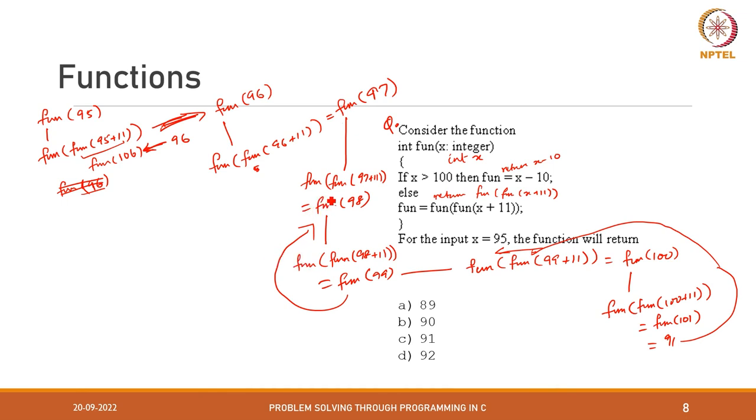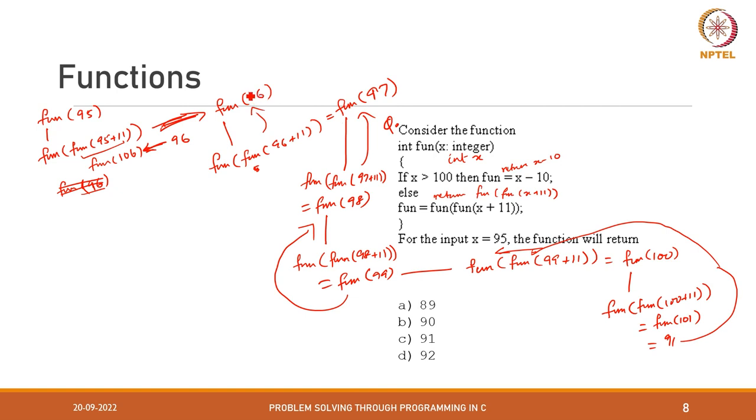Now fun of 98 basically means we are getting 91 here, and the return value of this entire thing was fun of 91. Now this will go back to fun of 97. Now fun of 97, basically this entire thing becomes the return value, which came as 91. Okay, so the 91 return value will go to fun of 96, which is the return value of fun of 96.